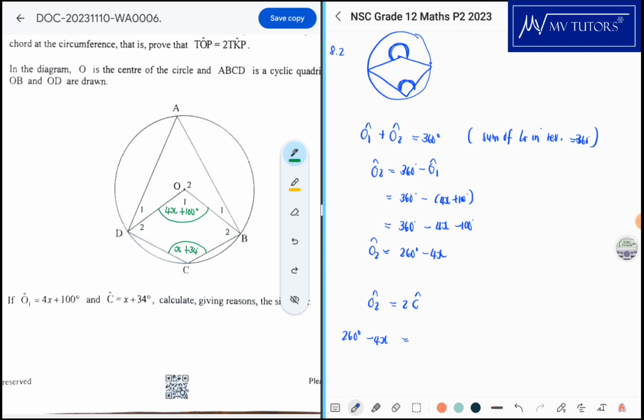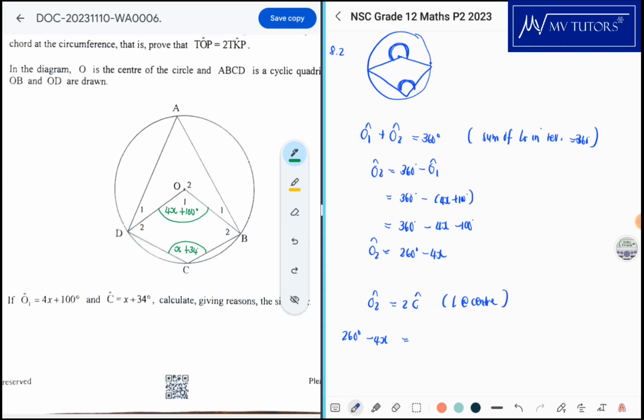O2 is equal to 2C, and that is the reason we had before, where we had to prove that TOP is equal to 2 times TKP. In terms of your reasoning, you can leave it at angle at the center, but you can explain: angle at the center is twice the angle at the circumference.